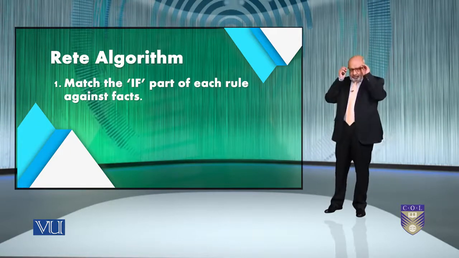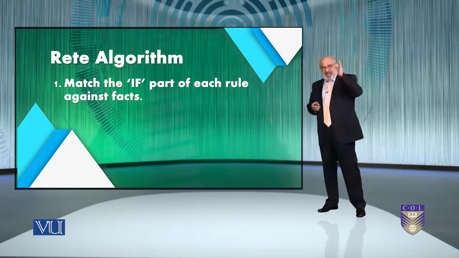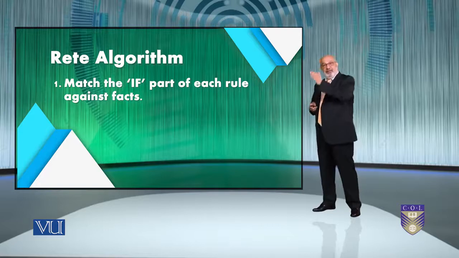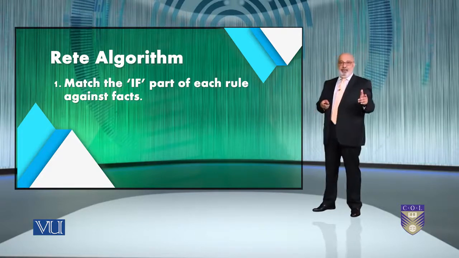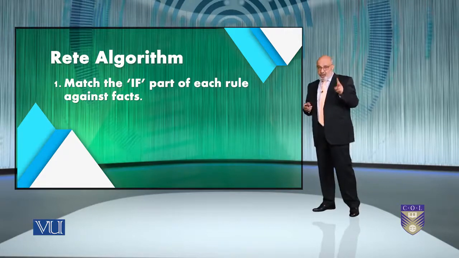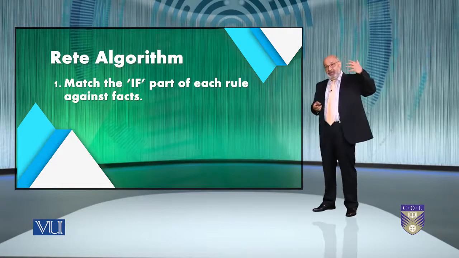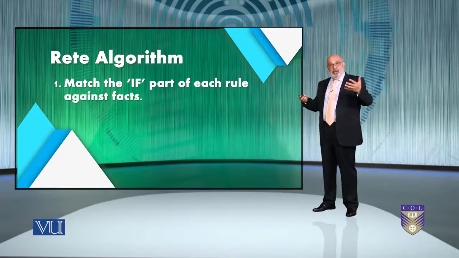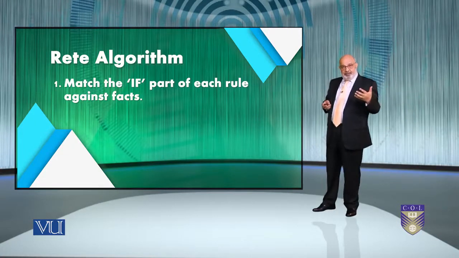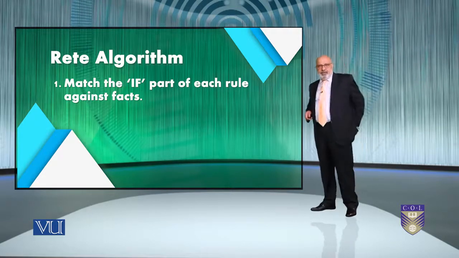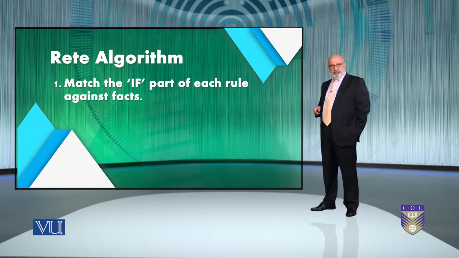First of all, match the if part of each and every rule against the facts in the working memory. So that's the matching part. Remember, as I said several times, there are the if sides of rules. Let's say there are 10 rules, and each of them has an if side. Match them against the facts in the working memory.